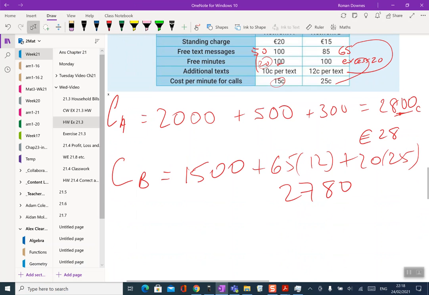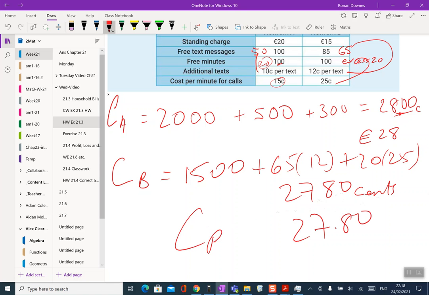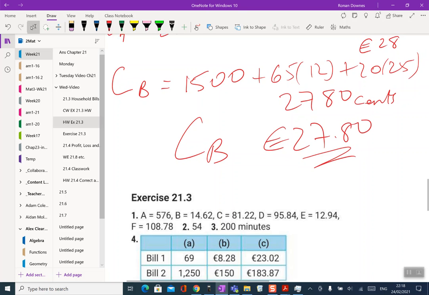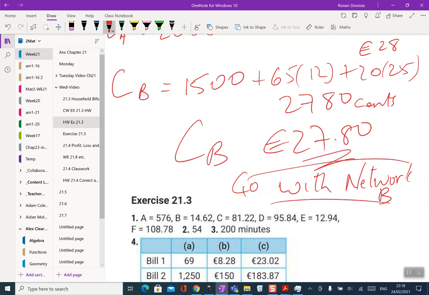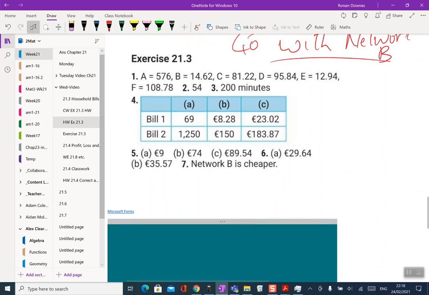Now that's in cents. So 27.80 is the cost of network B in euro. Okay, so this is cheaper. So go with B. Go with network B. At the end of the day, that's the answer. Network B is cheaper.